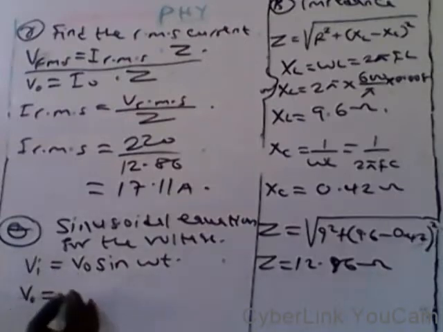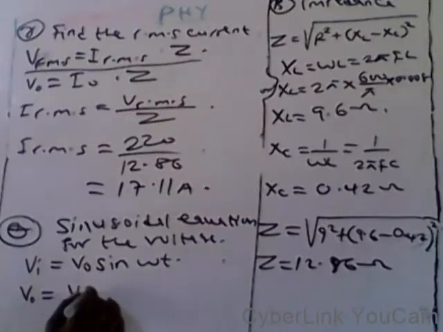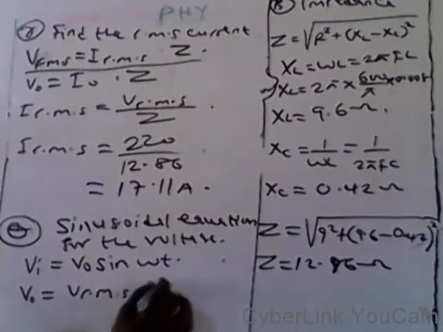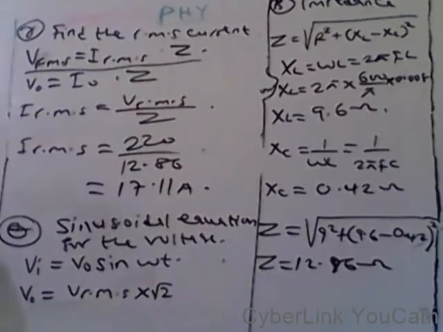So V naught equals V root mean square multiplied by root 2, because V root mean square equals V naught over root 2.